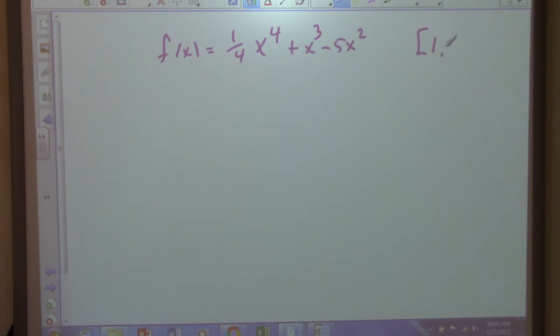Okay, 1 to 4. So for this we have a candidate test. So we have x, f of x. So 1 and 4 are going to be candidates.